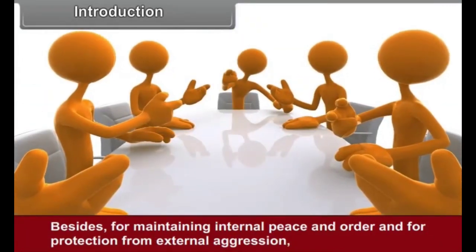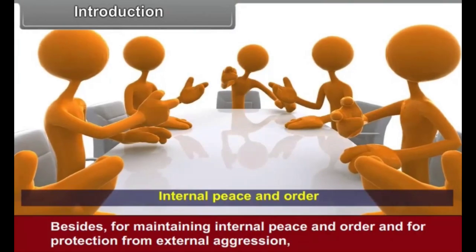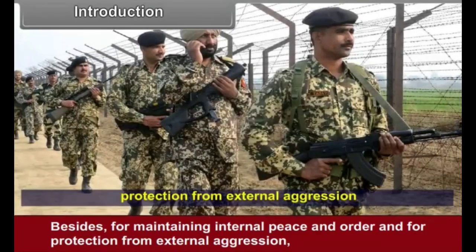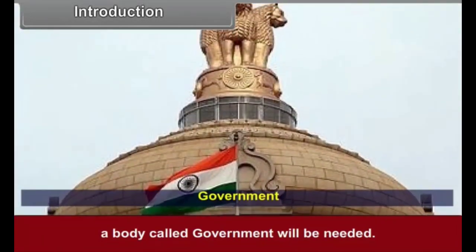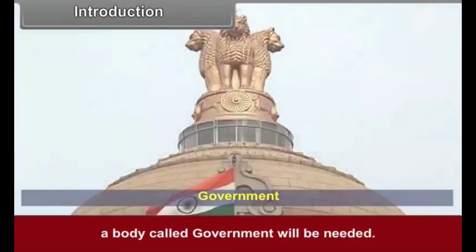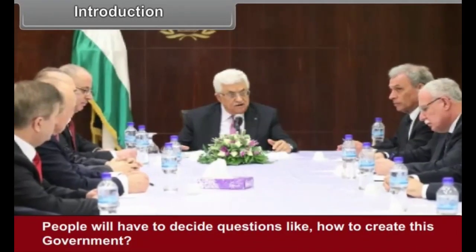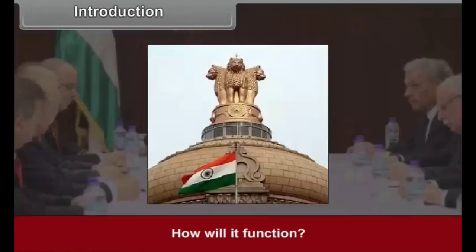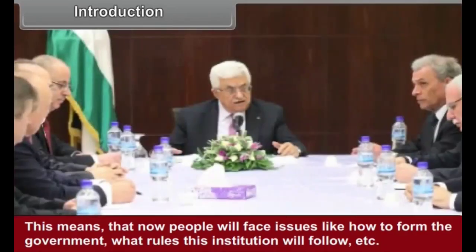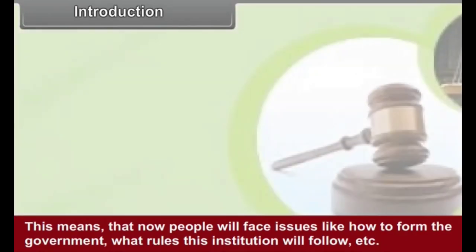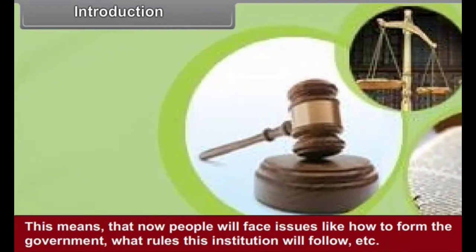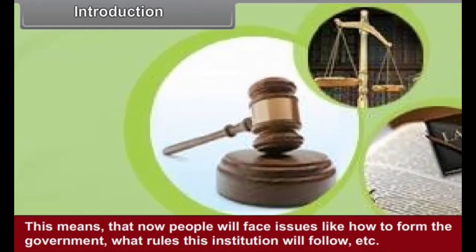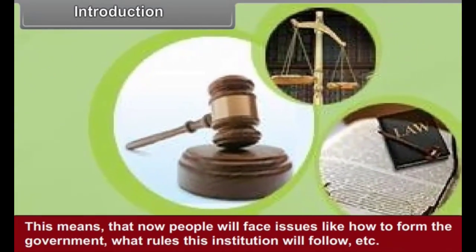Besides, for maintaining internal peace and order, and for protection from external aggression, a body called government will be needed. People will have to decide questions like, how to create this government? How will it function? This means that now people will face issues like how to form the government, what rules this institution will follow, etc.